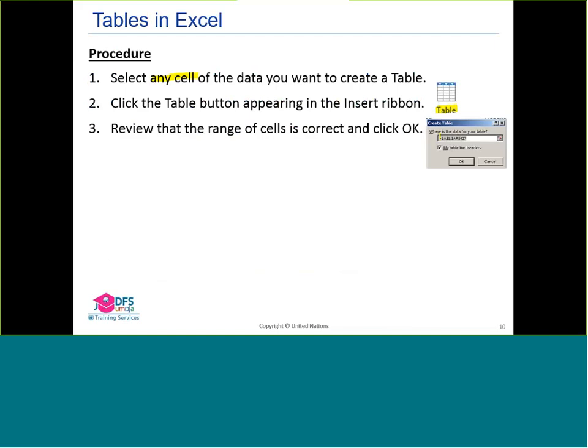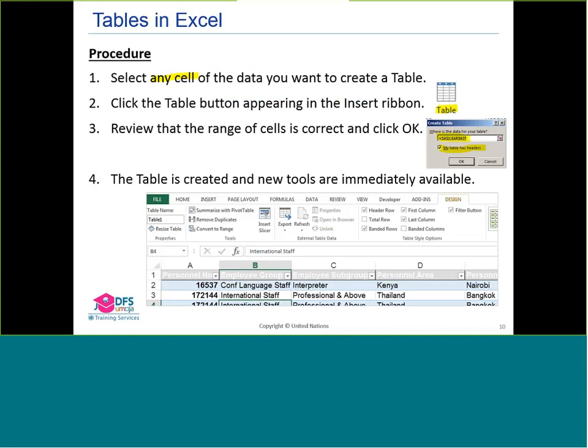We will have to again make sure that the range of data is properly defaulted by Excel. Normally it is. If there are no blank columns or rows, Excel will automatically detect where our data is, and normally our data will also have headers.